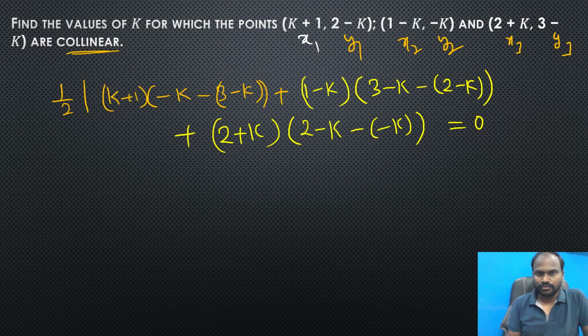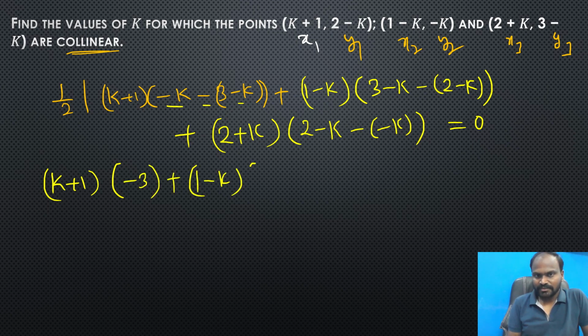If you move the half to the other side, it becomes 0. Now in the first term, minus k and plus k get cancelled, you get only minus 3. In the second term, minus k and plus k also get cancelled, so 3 minus 2 is 1. In the third term, minus k plus k get cancelled, so we get 2.